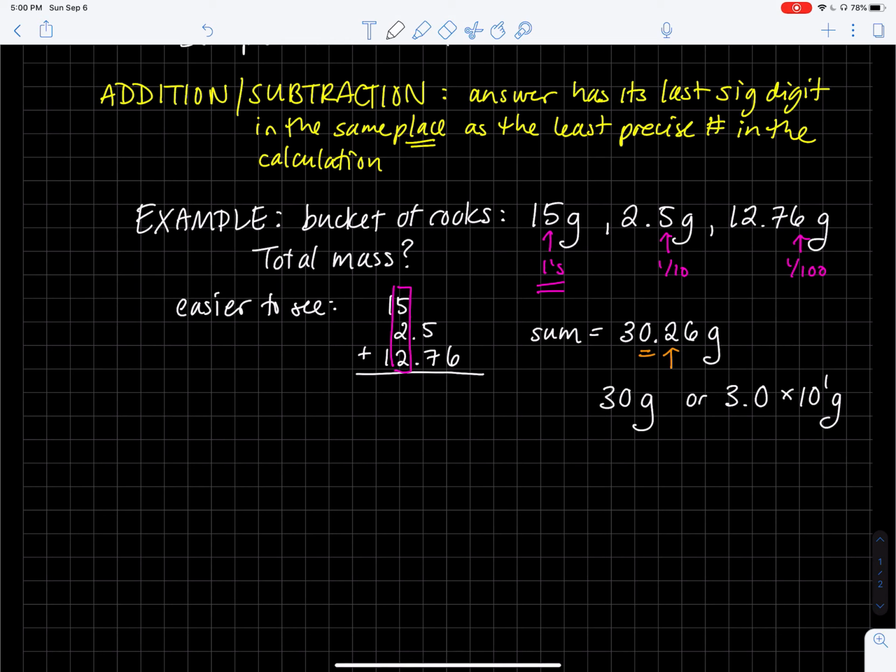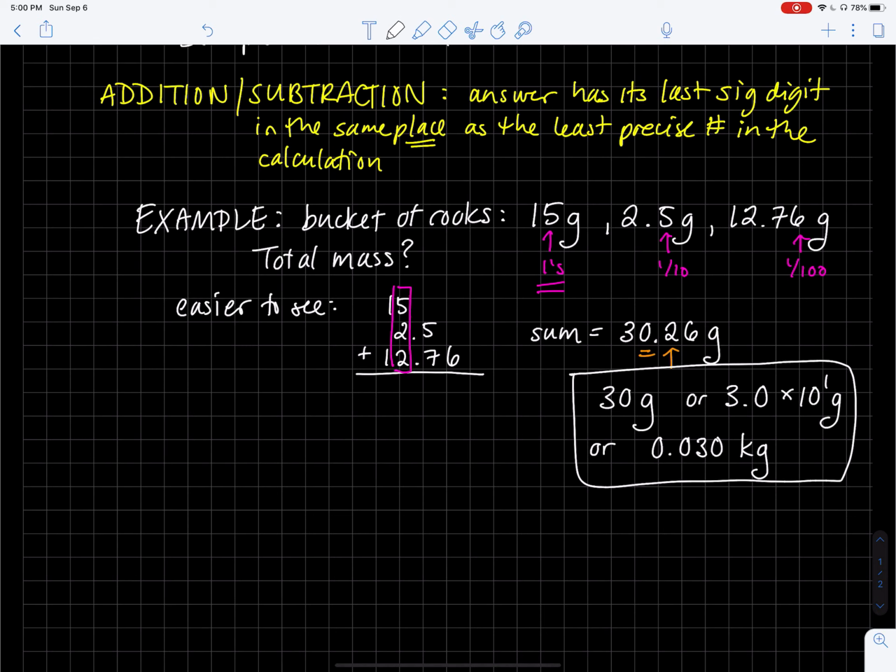You could write it, I suppose, as 0.030 kilograms, and that clearly tells you you have 2 sig figs, but that's how you do this. And I would accept the first answer in this class even though it is ambiguous.